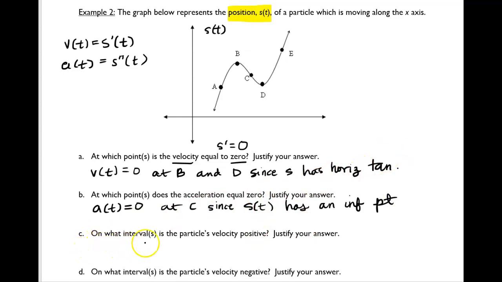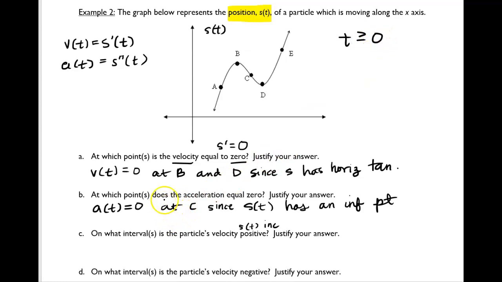C asks, on what intervals is the velocity positive? And so, in other words, when is s of t increasing? So the slope of this graph is positive. And so that would be, we're not going to say from negative infinity to a, because usually with time, our time is greater than or equal to 0.